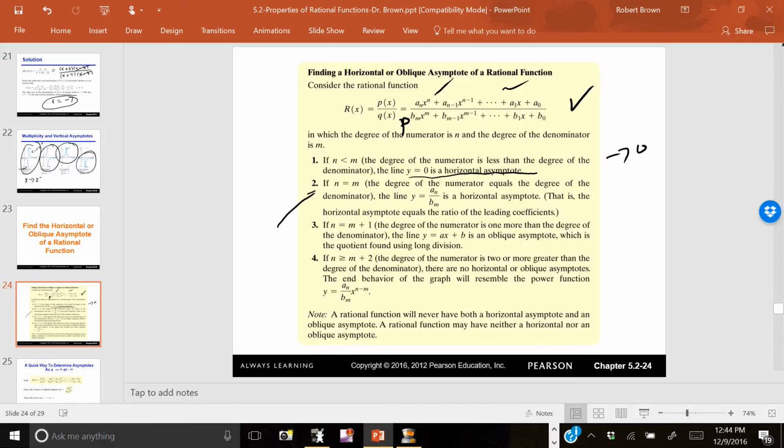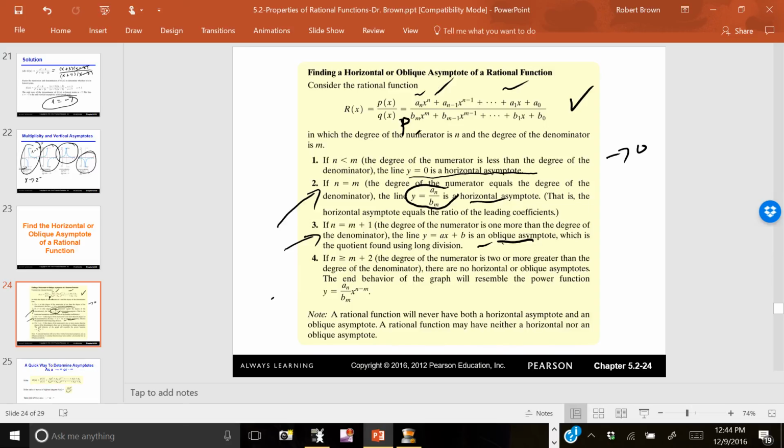If n equals m, then you will find that all you need to do is take the ratio of a sub n over b sub m, and that will be the horizontal asymptote. If n is just one more than m, then we have what we call an oblique asymptote, and we'll have to use long division to find out what it is.